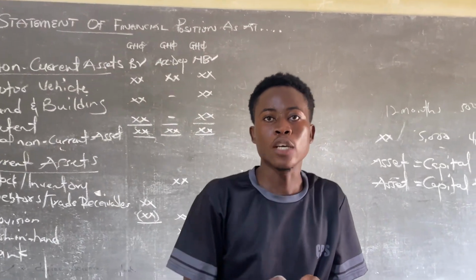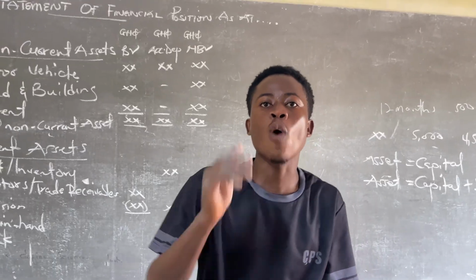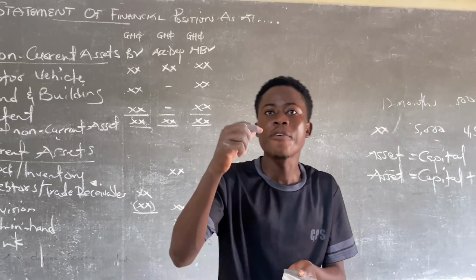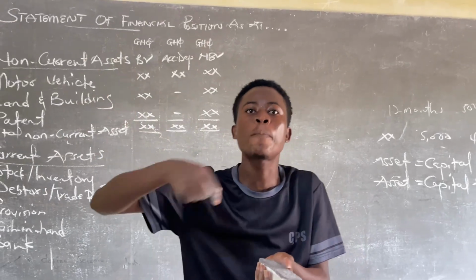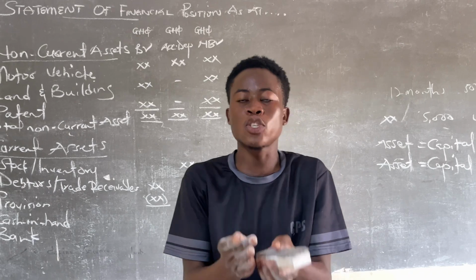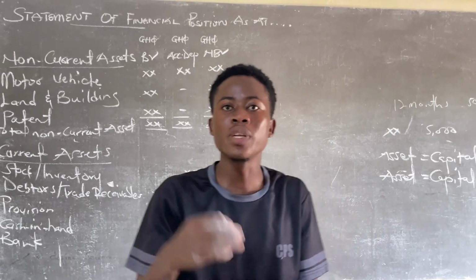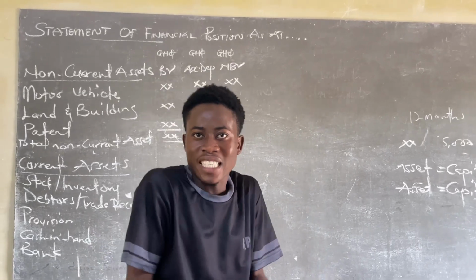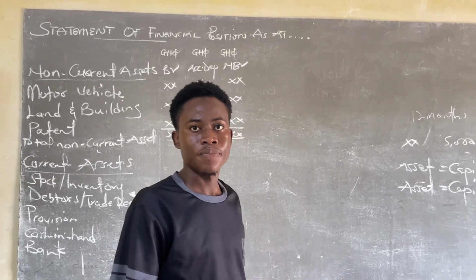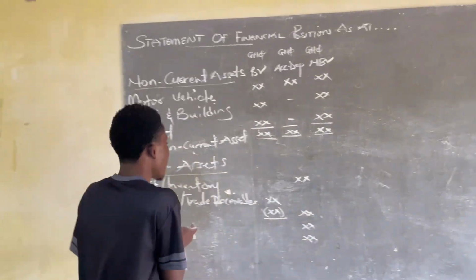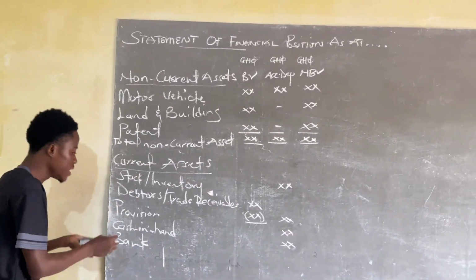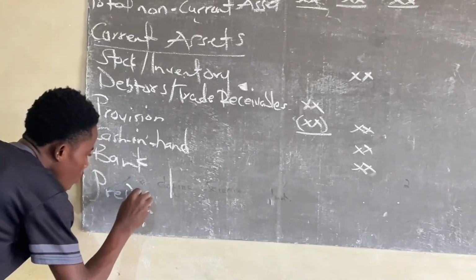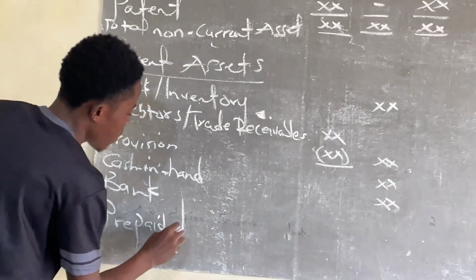So let's say they are supposed to pay 1,000, but they paid 1,200. So the 200 on it is rent paid in advance. So it is money paid, but the benefit has not been used. That is what we term as prepaid. So since it has been paid but has not been used, it becomes an asset or a property for the organization. So it falls under the what? The current asset of the organization. So we introduce our prepaid expenses.